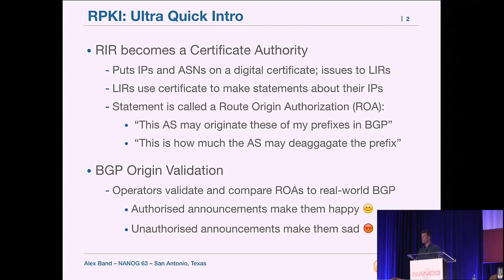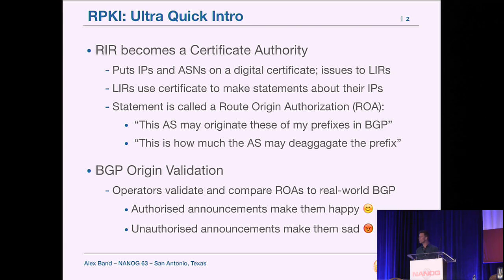And that's very much like a route object does in the IRR. A ROA has one additional data point, and that is the maximum prefix length. And that essentially says, I authorize this AS to deaggregate this prefix up until this point. If they announce it any more specific, then it's not authorized.